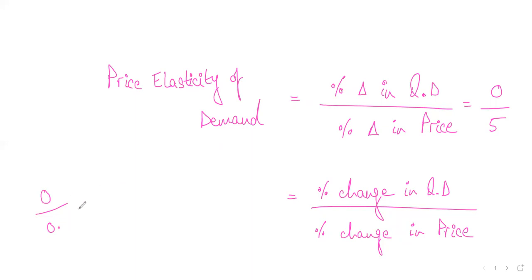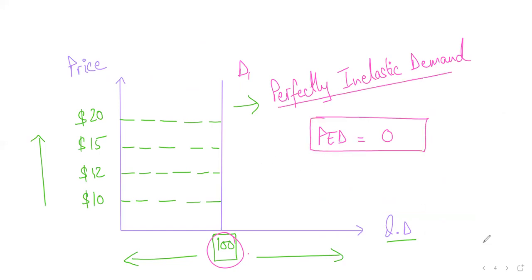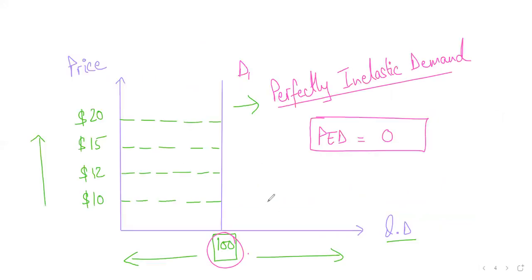So mathematically, the value of price elasticity of demand for a demand curve like this, perfectly inelastic demand, the PED value will turn out to be 0 because there is no change in demand. The demand is not changing at all. Easy? So PED would be equal to 0. How many of you got this? Price elasticity of demand value of this demand curve, which is known as perfectly inelastic demand, would always be equal to 0. Can we move on, students? We good? Can we move on?